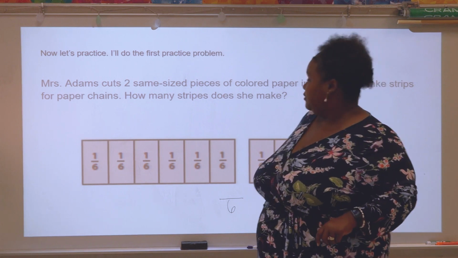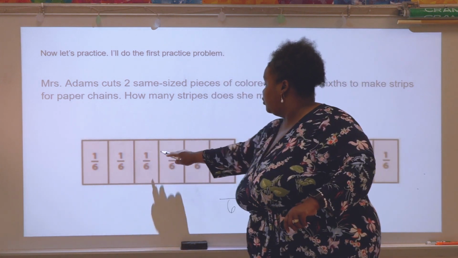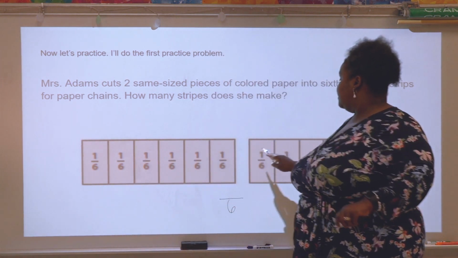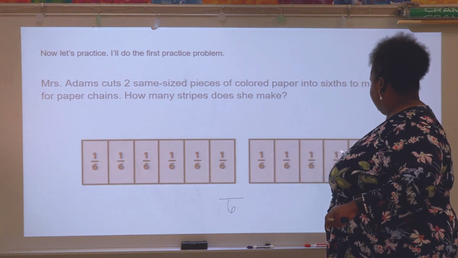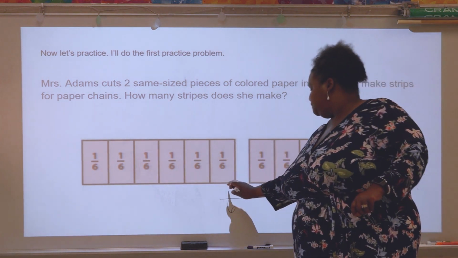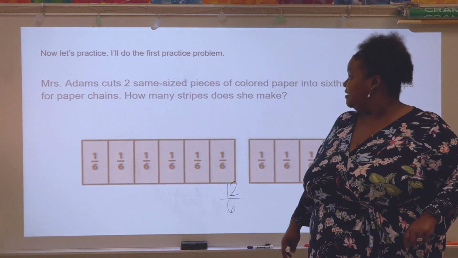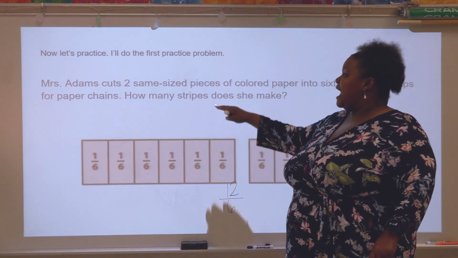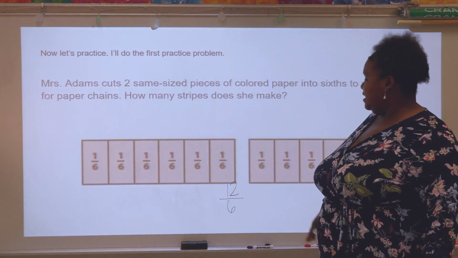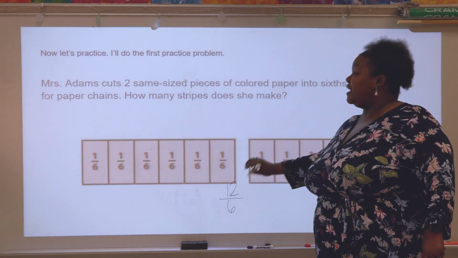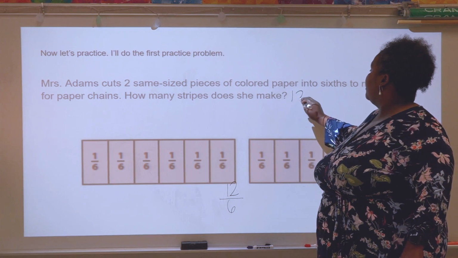Let's find that numerator. 1, 2, 3, 4, 5, 6, 7, 8, 9, 10, 11, 12. 12 sixths. But the question says, how many strips does she make? And I hope you're saying that would be that top number, 12.